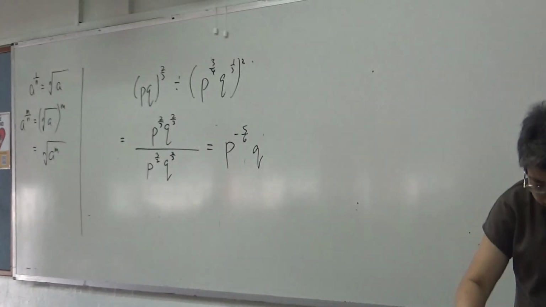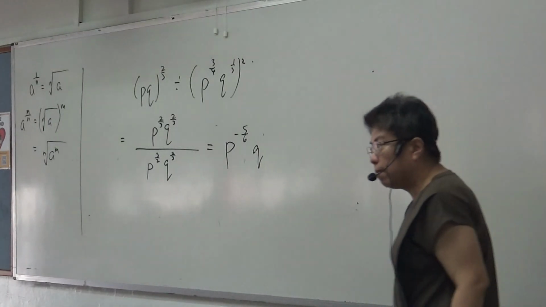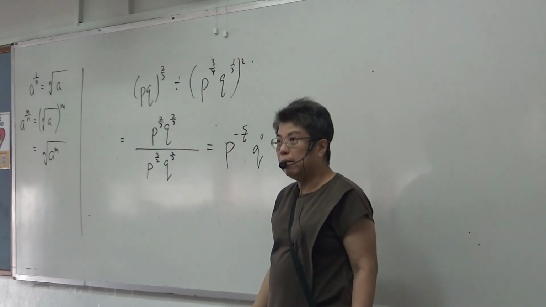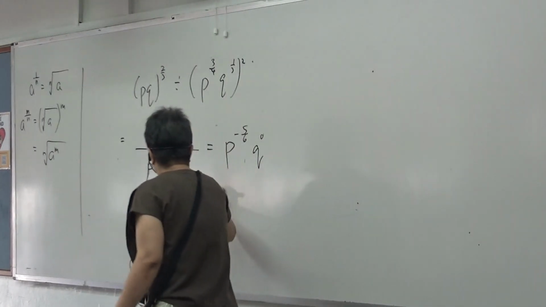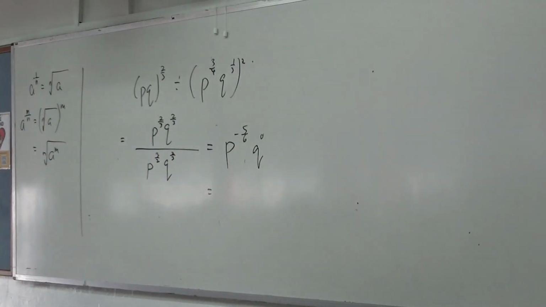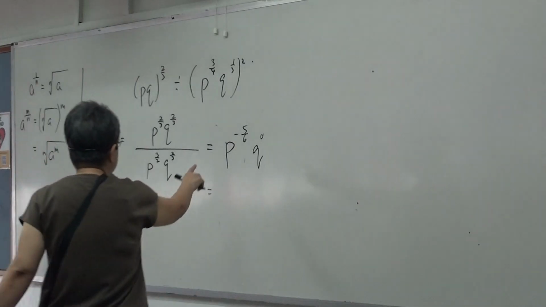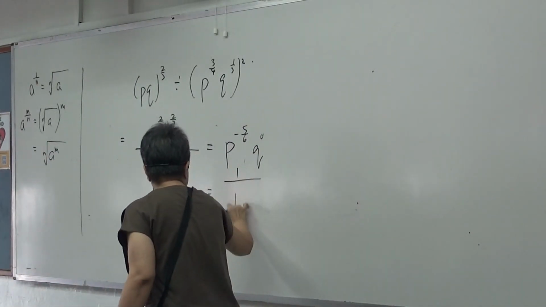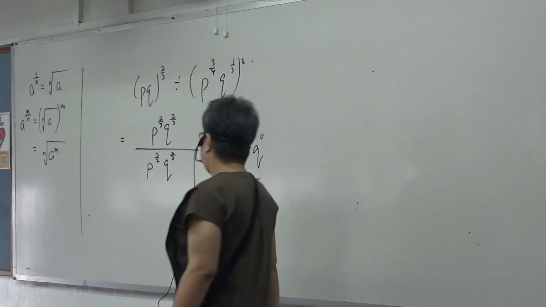Q 2/3 actually is just 1. Can you see that? I cancel it totally off. Actually this one is Q0, right? Which is 1. Okay? So, the question says what? Read again. Give in what? Positive index. Is this positive index? No. So it will be 1/P power 5/6.